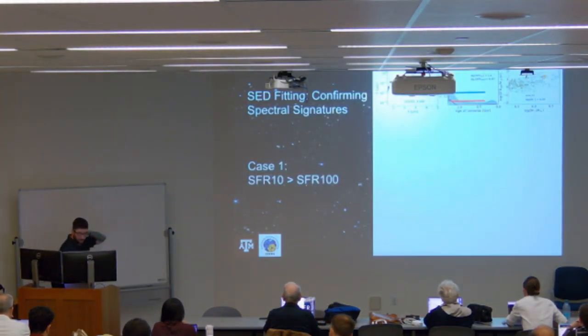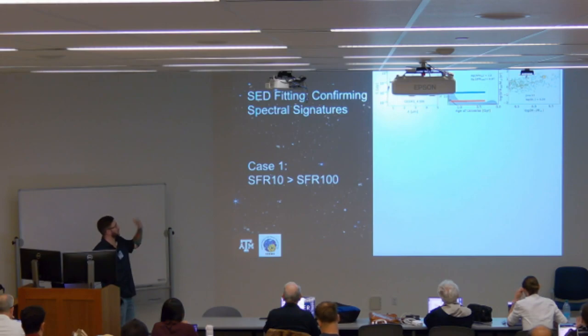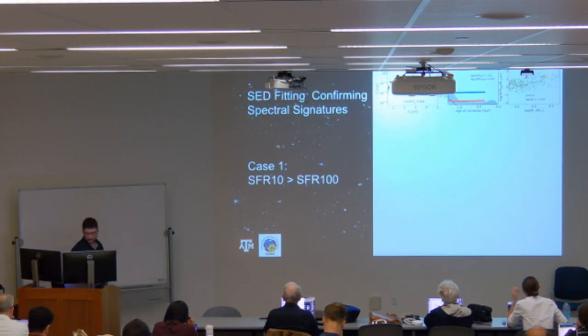So I want to talk about 3 primary cases where we're seeing galaxies that sit up above what we would nominally call the star forming main sequence. In the top right panel, the yellow square is where the galaxy that I'm showing on the left lives on the star forming main sequence.